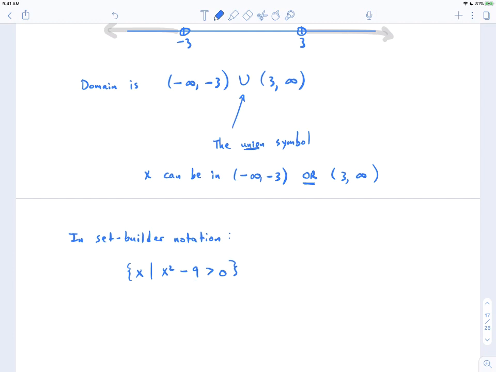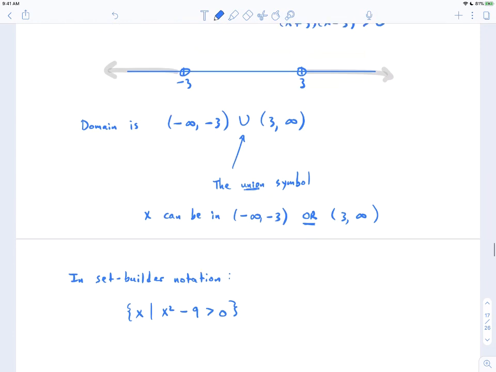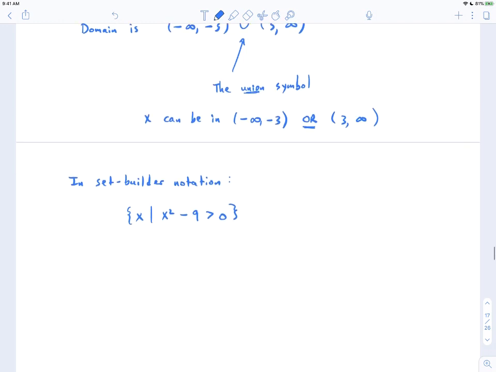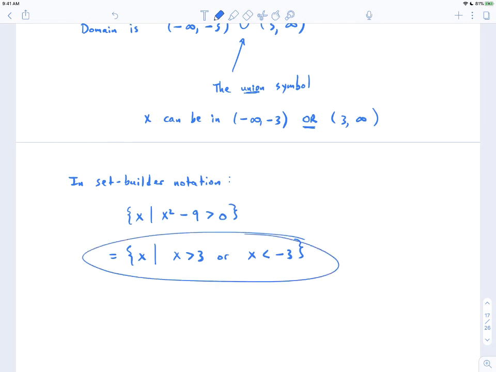It's much easier if we have inequalities like x less than negative 3 or x greater than 3. And so we can write it that way. So we can say that this is the set of x such that x is greater than 3 or x is less than negative 3.